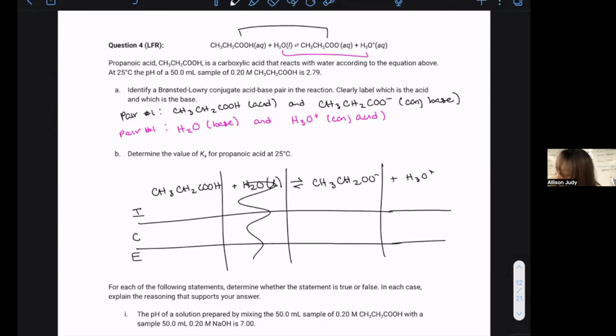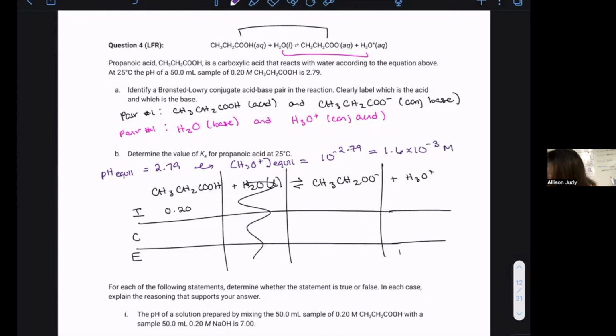Well, I know from the problem I have a 0.20 molar initial concentration. According to my prompt, my pH at equilibrium is equal to 2.79, which means that my acid concentration at equilibrium is equal to 10 raised to the negative 2.79, which means that I have an equilibrium value of 1.6 times 10 to the negative 3 molarity.